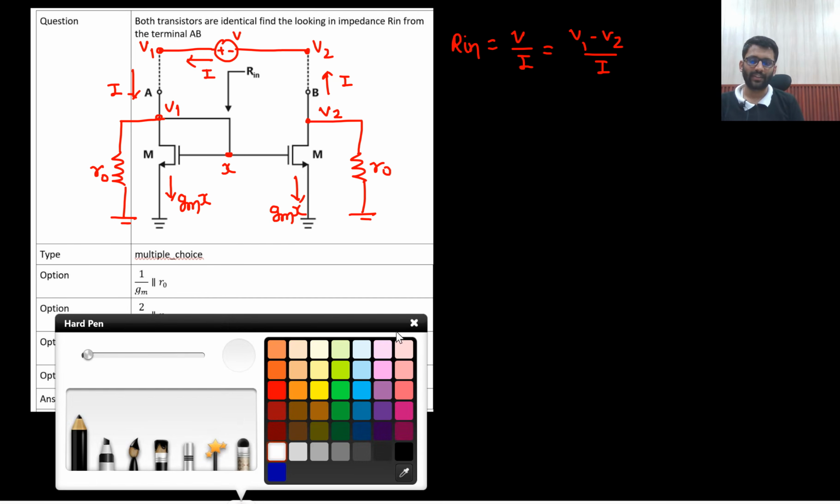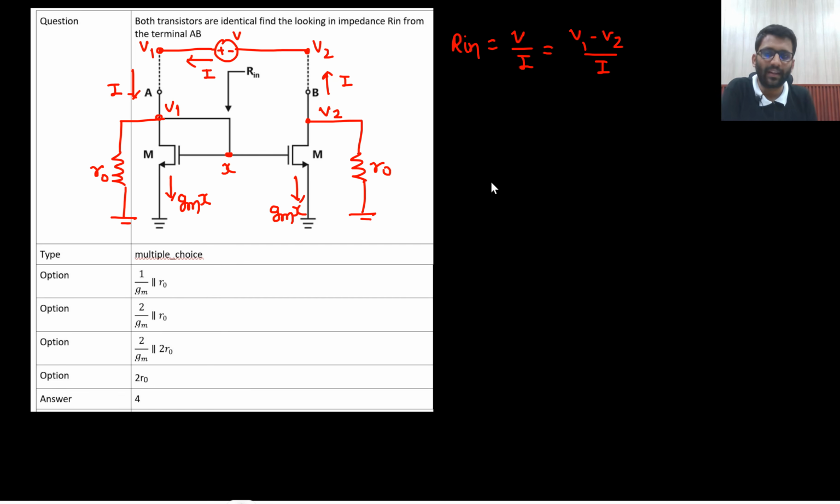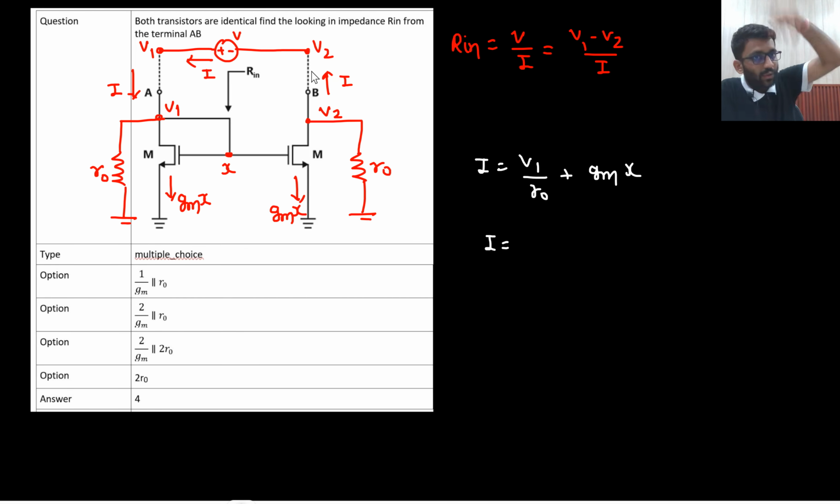So I see a very interesting thing here: my current I equals V1 by R0 plus GMX. And this current I is an outward current, not an inward current, so you can say minus I equals GMX plus V2 by R0, right?